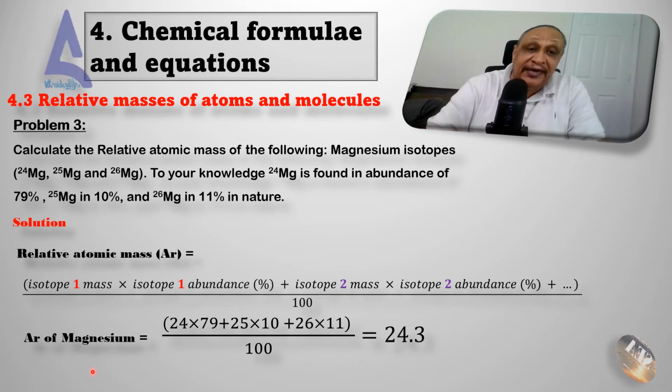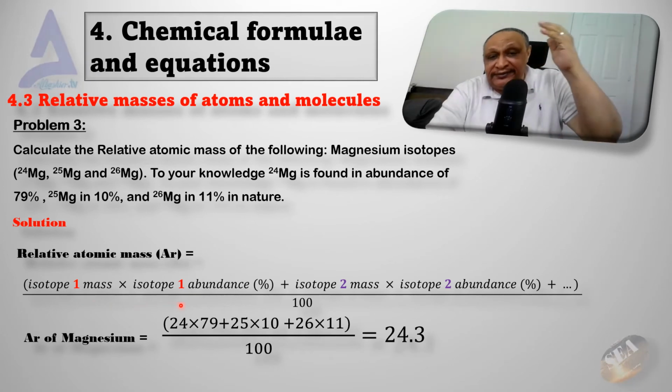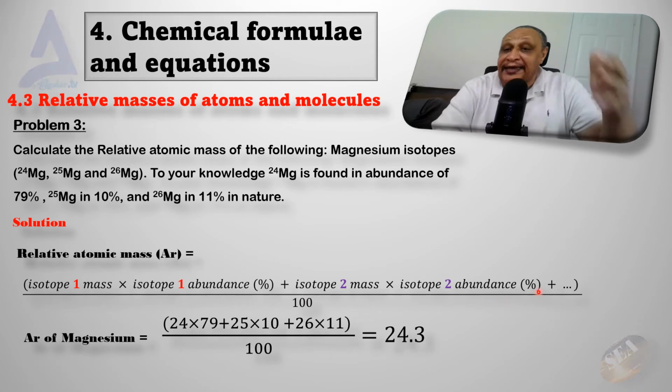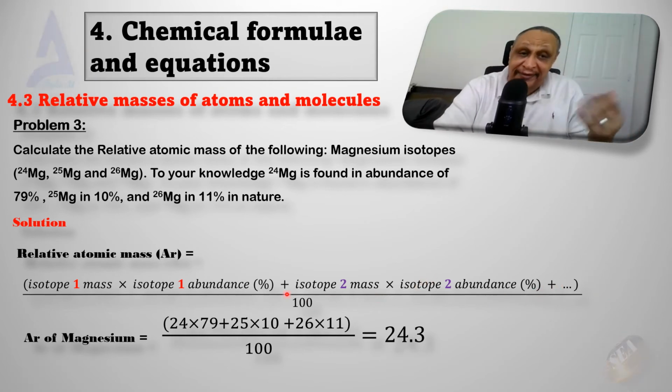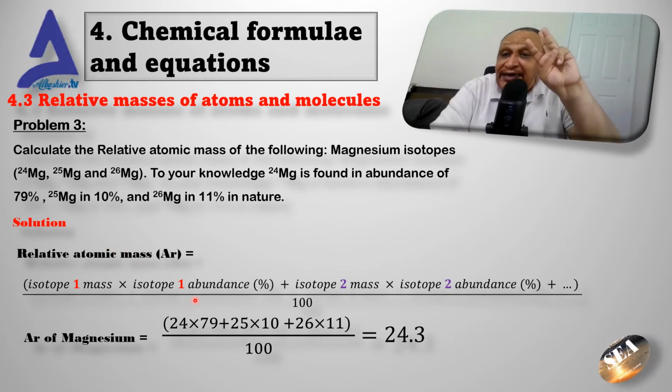The first thing is to write down your full relative atomic mass equation: isotope 1 mass, isotope 1 abundance, and so on till n. Then we bring them one by one. So we have 3 isotopes here.